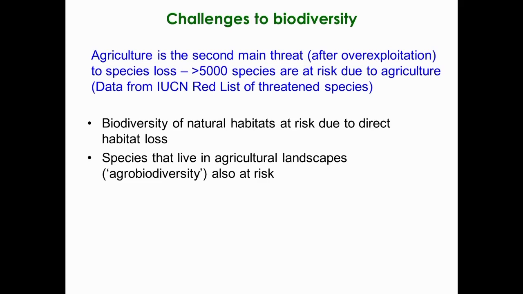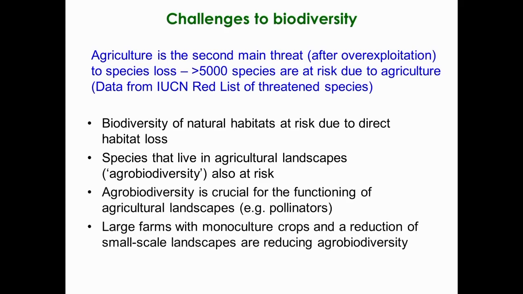So agricultural land, our arable fields, our cattle grazed grasslands, these are not completely bereft of biodiversity. Over centuries, many organisms have adapted to live in these agricultural lands, and indeed many of these organisms play a key part in the function of these agricultural lands. And these organisms that live in these landscapes are referred to as the agro-biodiversity.